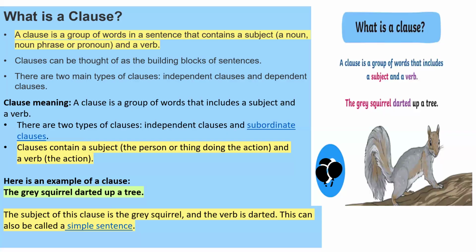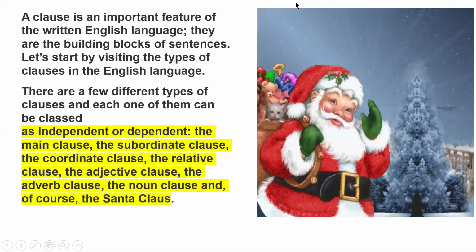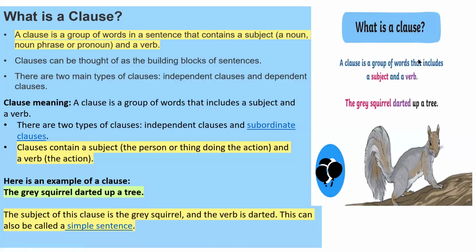So what is a clause? A clause is a group of words in a sentence that connects a subject, that is a noun, pronoun, or noun phrase, and a verb. So a clause is a group of words in a sentence that helps in connecting a subject and a verb.